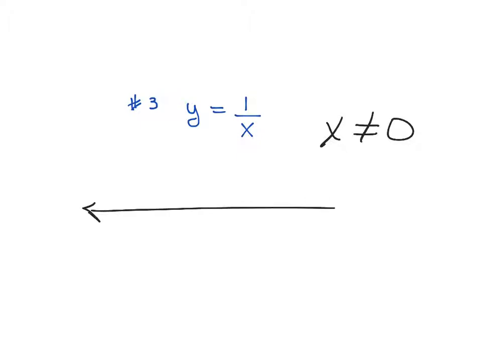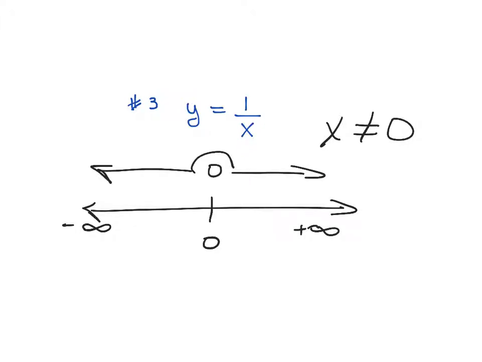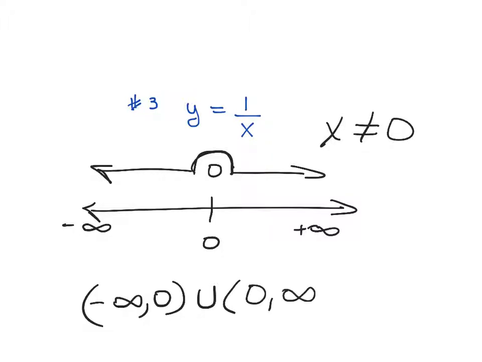If this were on a number line, it would have a hole here at 0, but it would go from negative infinity to positive infinity. So everything, but it jumps over the 0. We would write this as negative infinity up to the 0, jump over the 0, so we union that. Then on the other side, we start again and go to infinity.